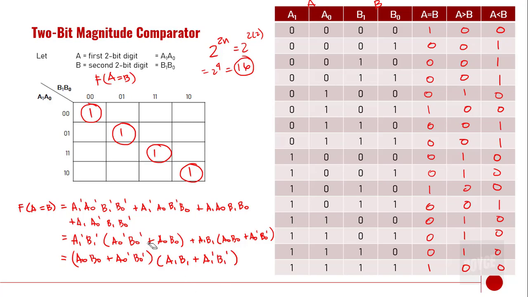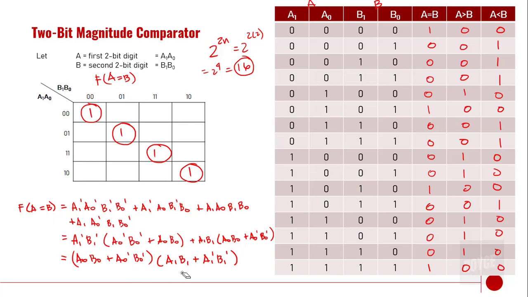Okay, using the distributive property, to distribute natin to, that would be A1B1 na naka-AND sa A0B0 or sa A0 prime B0 prime, this is this term, and then A1B1 prime naka-AND sa A0B0 or A0 prime B0 prime, which is this term. So they are basically the same.